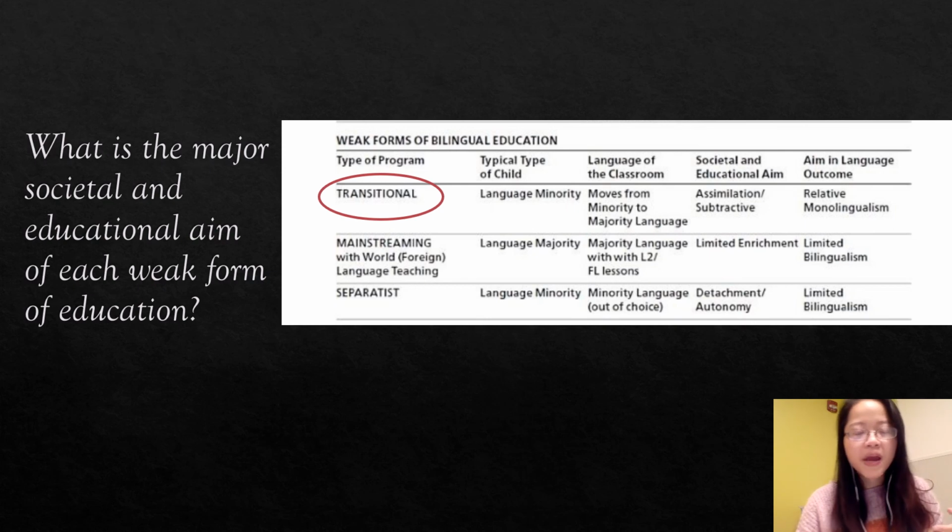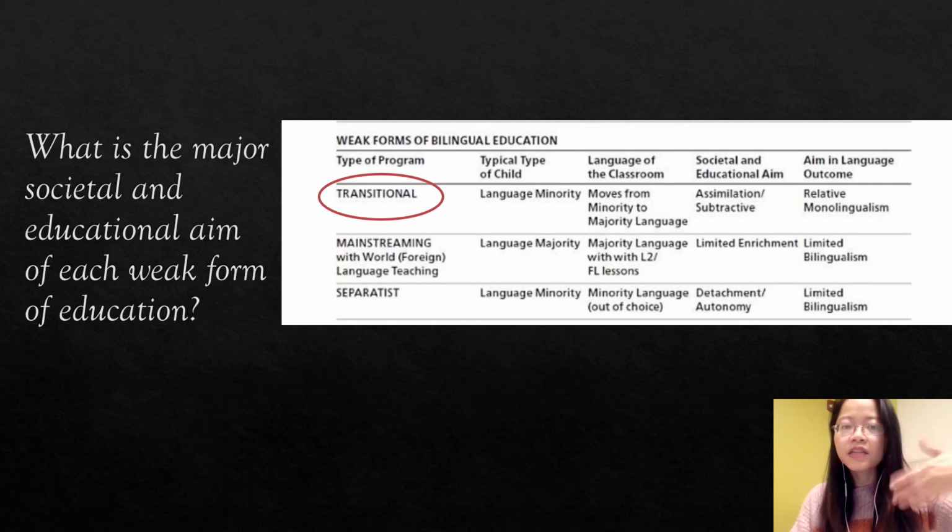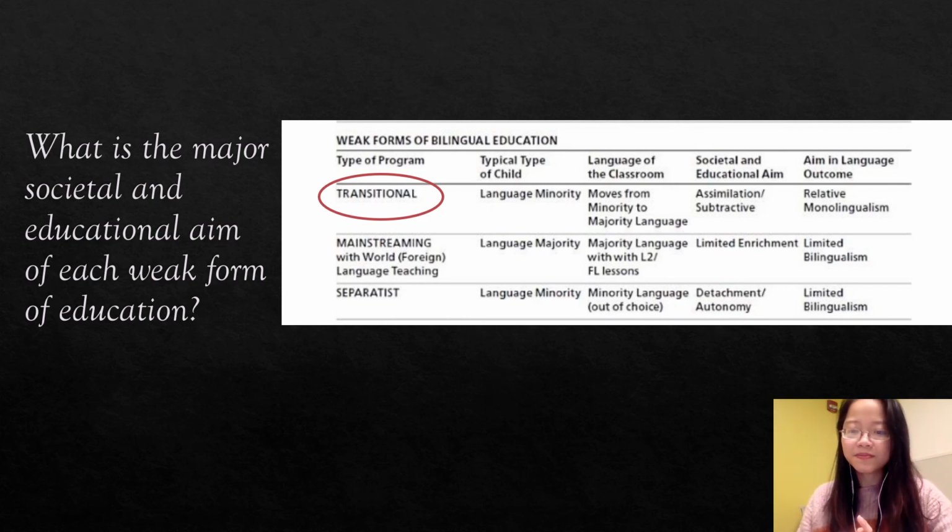Typically, students spend a greater amount of time, especially in elementary school, learning their native language. By middle or high school, the student will gradually increase learning in the second language to full-time English instruction. So they may begin with Spanish, but after high school it will be 100% English only. So that will be transitional.